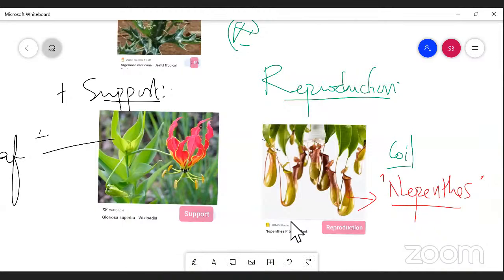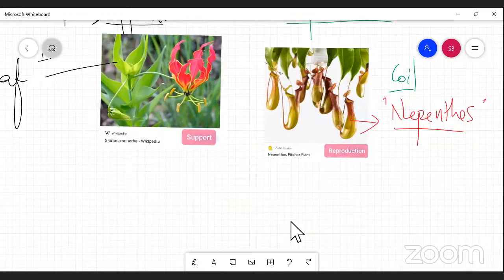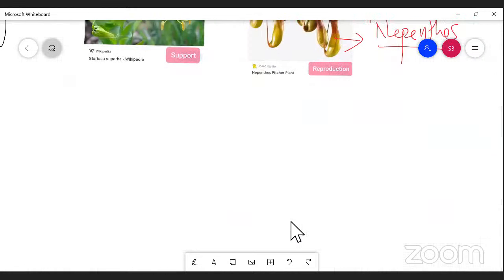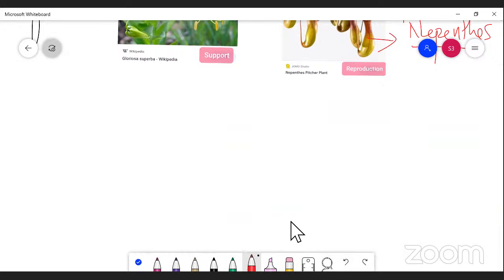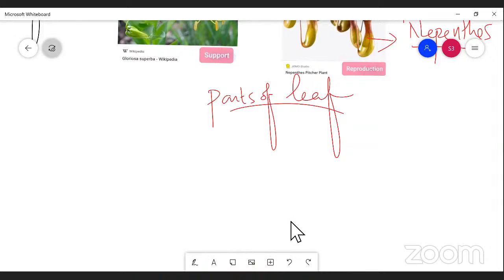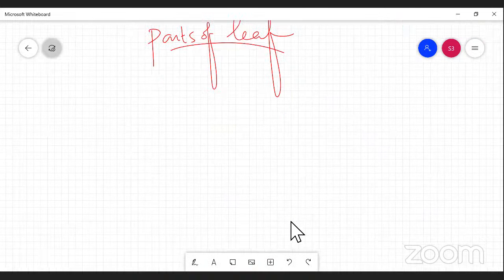So these are the functions of a leaf, my dear students. Next I am going to talk about the parts of a leaf. Already I have introduced the parts of a leaf. There are so many parts, even though I explained at the beginning, I would like to mention once again.